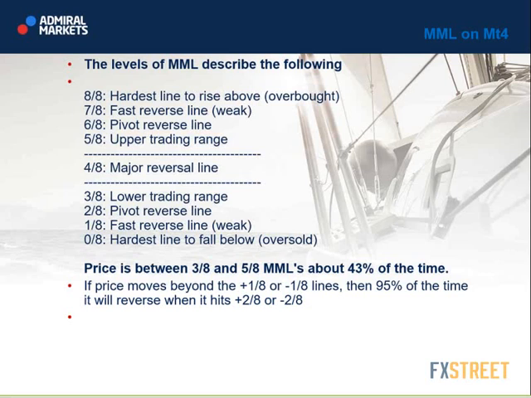Very important also to know is that below the lower trading range we have 2-8, 1-8, and 0-8. Now we are comparing 8-8 and 0-8. 8-8 is the strongest resistance, 0-8 is the strongest support. Additionally we will use two octaves, two octaves below 0-8 and above 8-8.